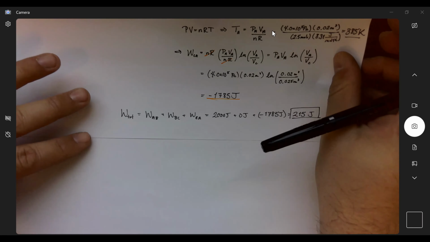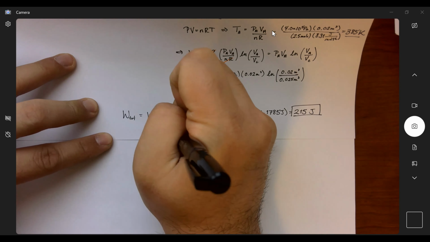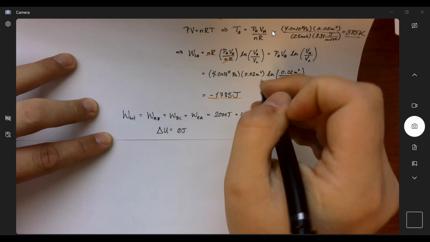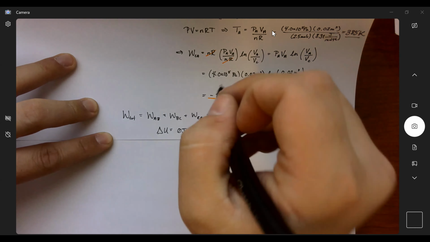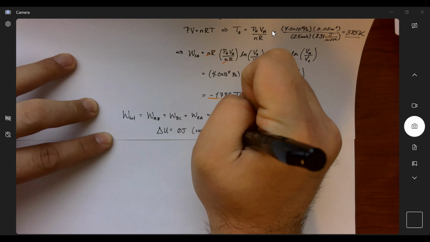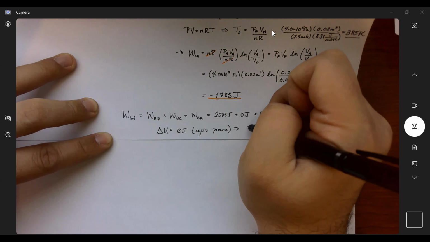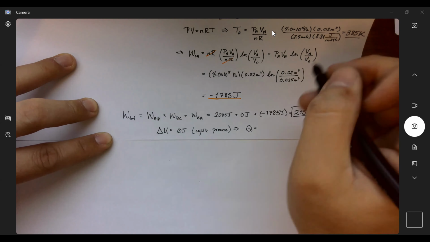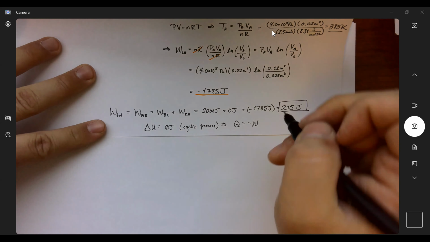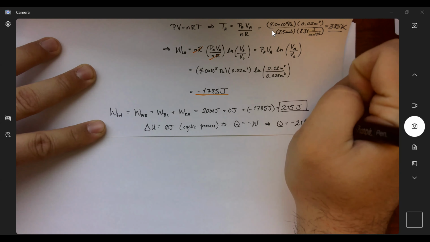Also, I'll make a note here. If we talked about the internal energy of a cyclic process being 0, this implies that the heat gained or lost is minus the work. And so this implies that Q is equal to minus 215 joules.